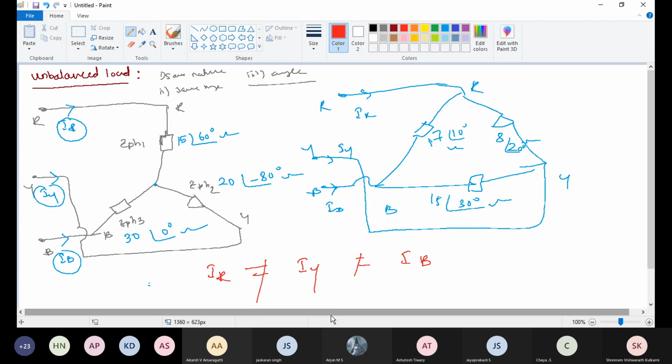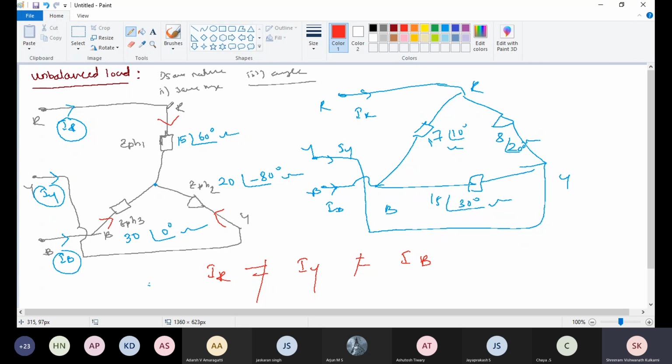Now, once the connected load is unbalanced, we get different currents flowing through their phases. Here we can see these are all different currents.